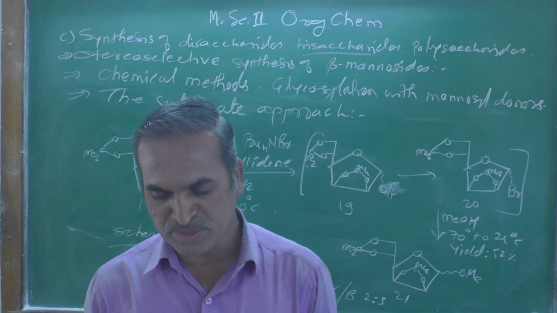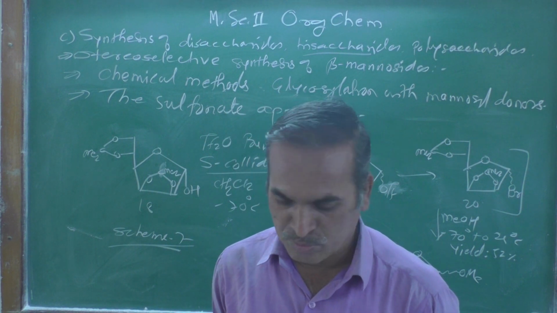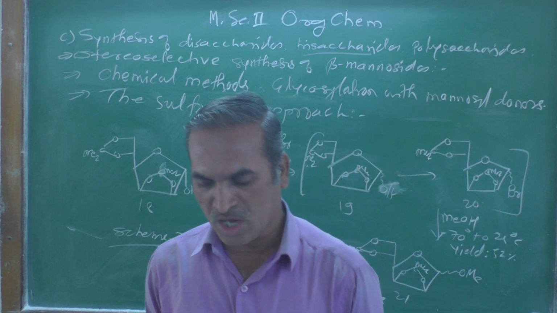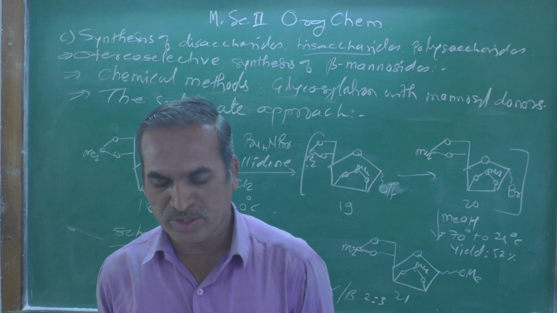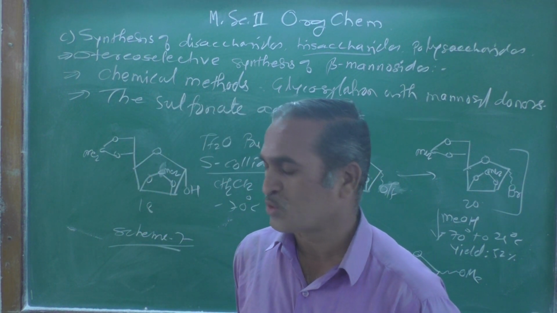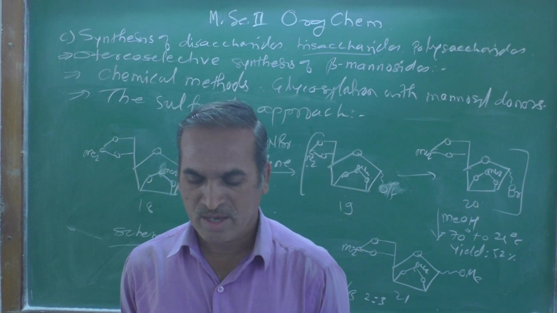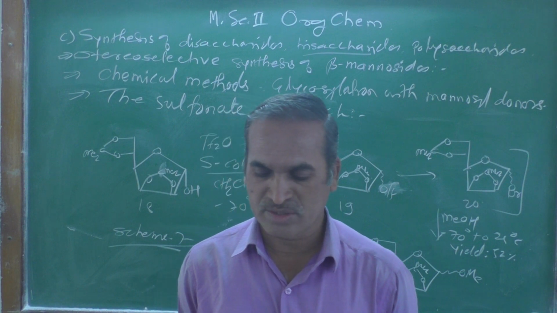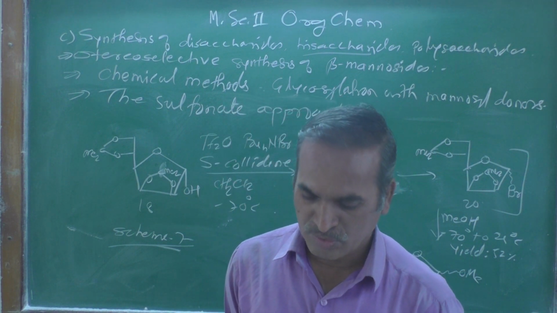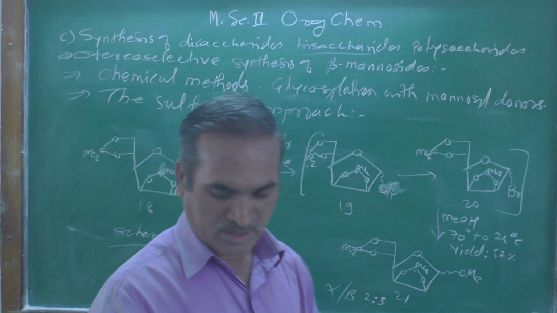The respective silver sulfonate, on exposure to methanol, the sulfonate 23 gives a nearly 1:1 mixture of methyl alpha and beta mannosides, that is structure number 24, which is represented in scheme number 8.